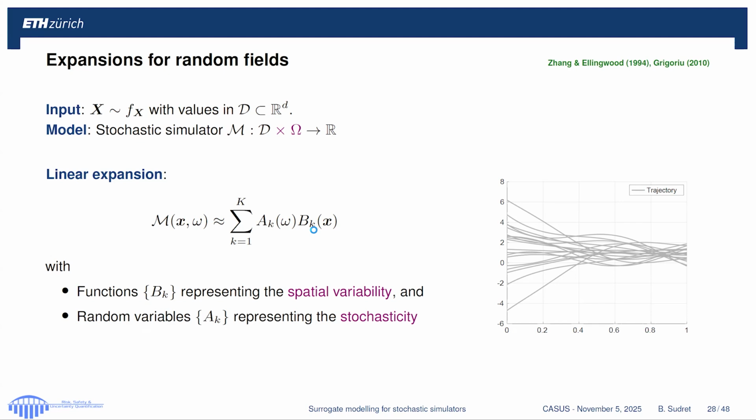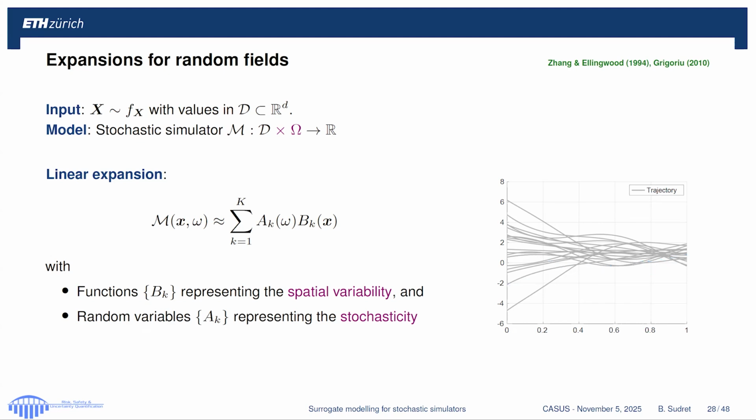So this b function here would represent the spatial variability, where spatial means the space of input parameters. All this wording comes from 1D or 2D spatial variability, but here we do this in the higher dimensional space of the x's, which can be much more than 2 or 3. And this A_k would be a random variable.